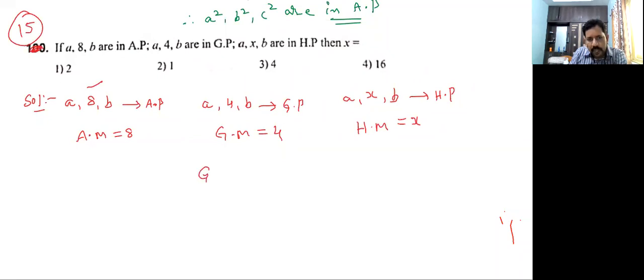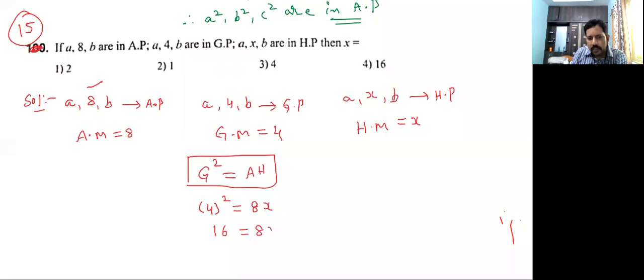G square is equal to AH. Here G means geometric mean, A means arithmetic mean, H means harmonic mean. The geometric mean is 4. 4 square is equal to 8x. 16 is equal to 8x. Then what is x, students? 8 2s are 16. The X value is 2.